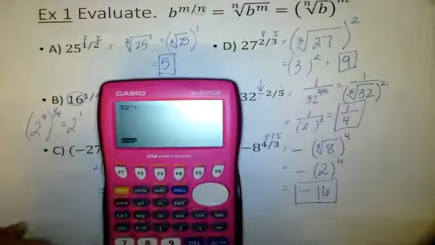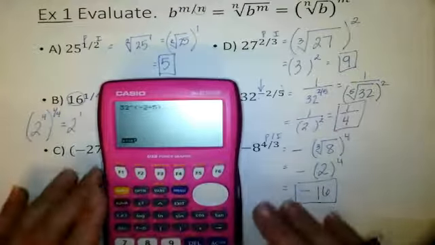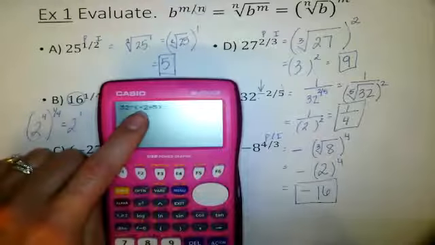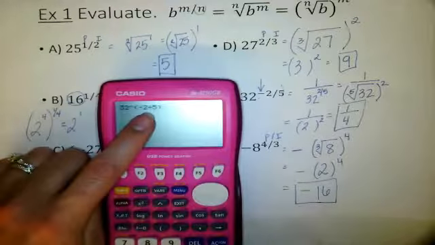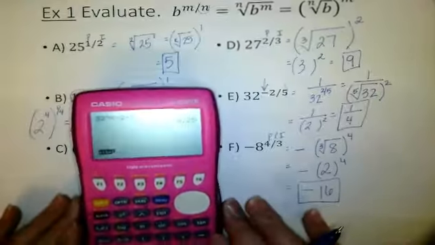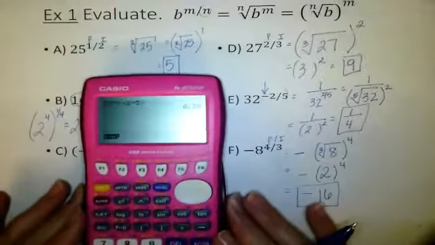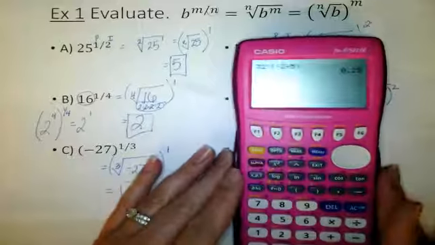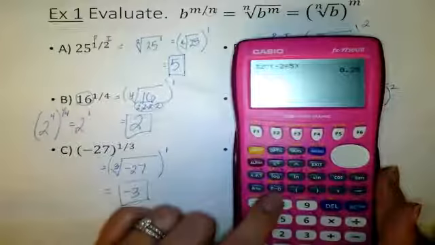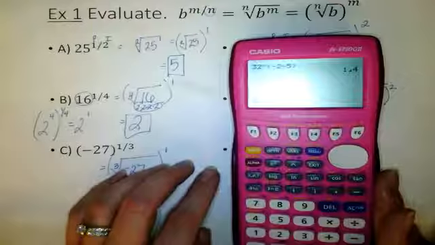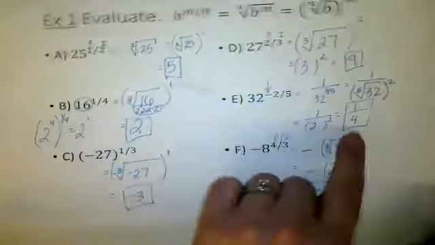So negative 2 over 5. So that says 32 raised to the power of negative 2 divided by 5. And I get 0.25, which is a decimal. But I can turn that to a fraction. The FD button is fraction to decimal. 1 over 4.